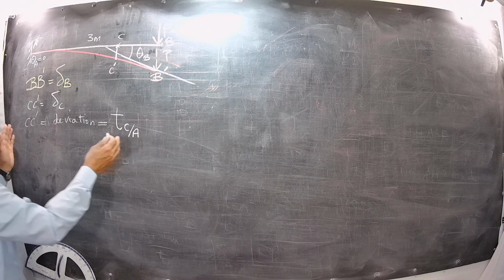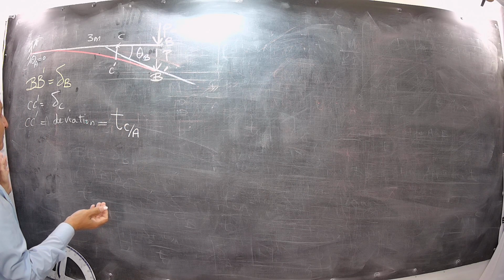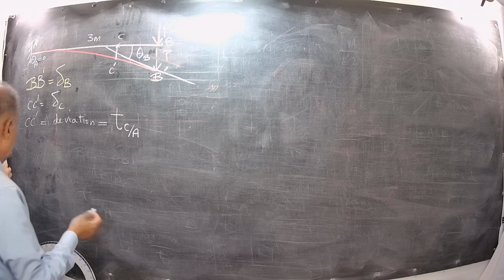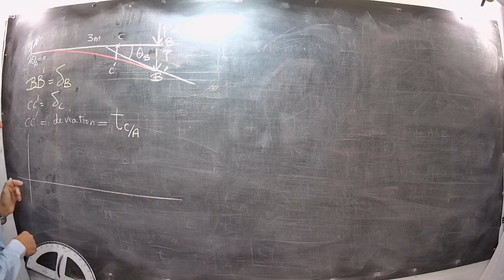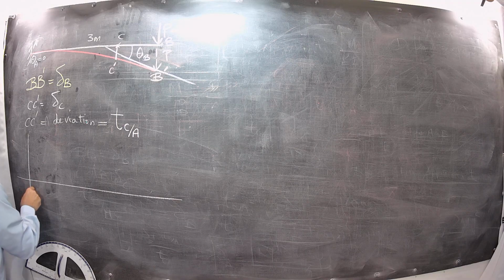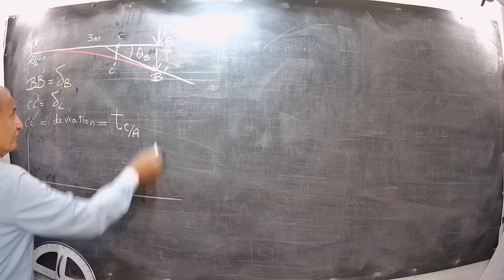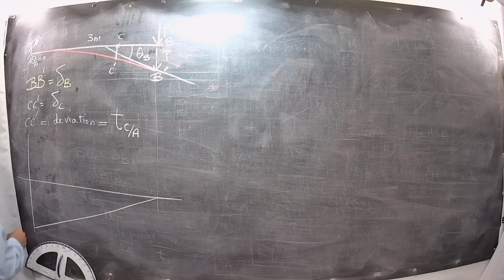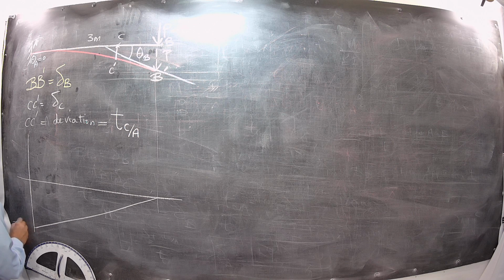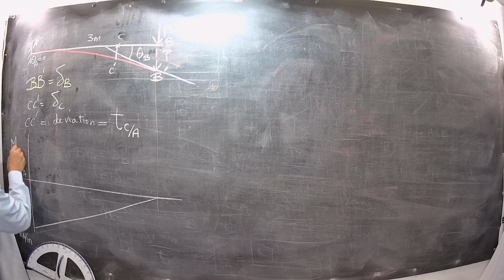For the first theorem and the second theorem, we have to draw the bending moment diagram. Bending moment diagram for this beam is this diagram. 10 times 3 equals 30 kilonewton meter at point A. That's the bending moment diagram in kilonewton meter.